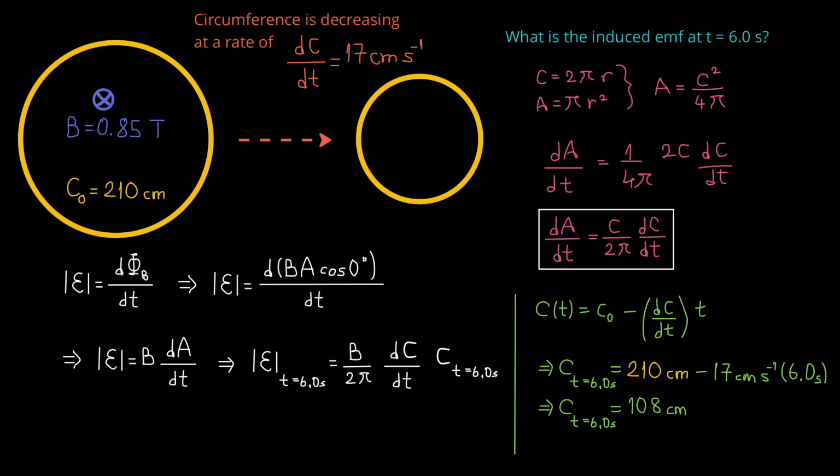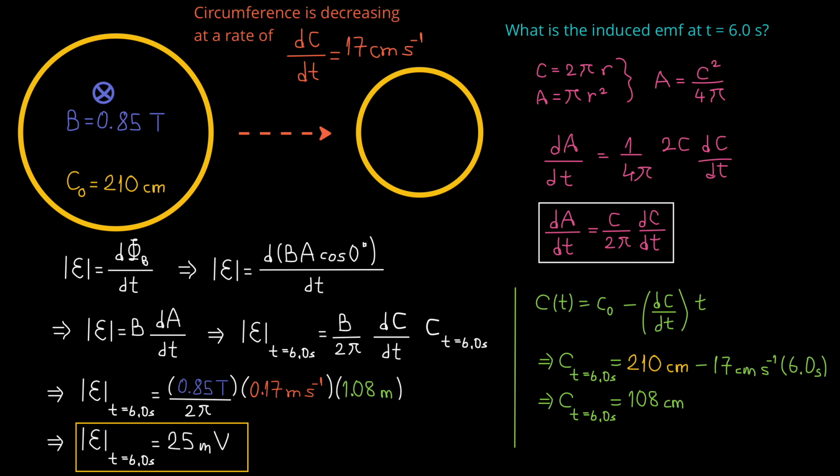So we just subtract 17 centimeters per second times 6 seconds from the initial value of the circumference, and we get 108 centimeters for the value of the circumference at t equals 6 seconds. Substituting the numerical values and keeping two significant figures, we get 25 millivolts for the induced EMF.